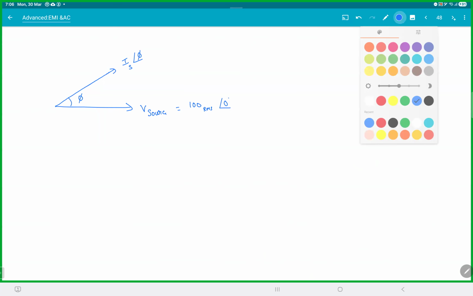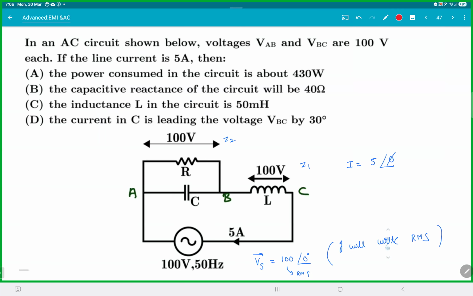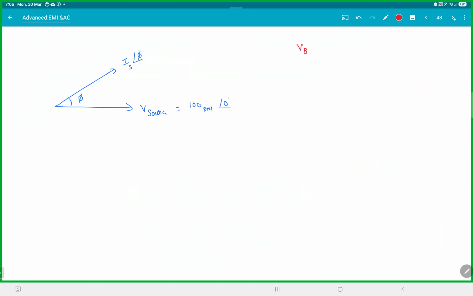Perfect. And the next thing, VBC. VBC is nothing but I source, phase angle phi, and you can clearly see that's an impedance XL, 90 degrees. So this would be I source XL, angle 90 plus phi. And this I into XL was given as 100 RMS, isn't it?